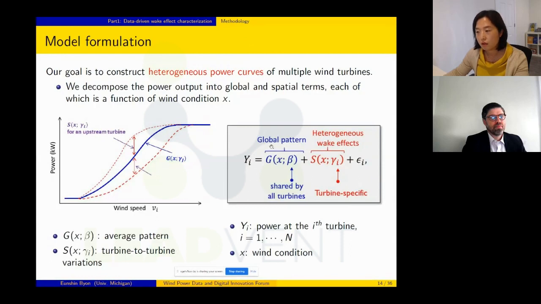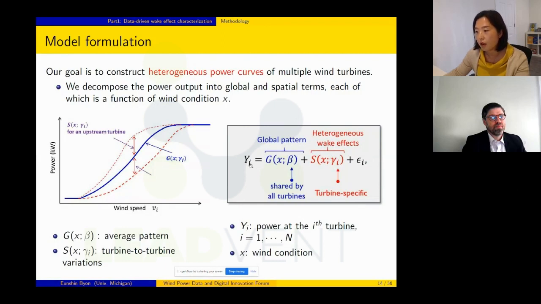So here, this G term, the first term, captures the global pattern, and the second term captures the turbine to turbine variation, or the heterogeneous wake effects. And each term has parameters, and the parameter in the global term is shared by all turbines. So this beta is the same for all turbines, but the gamma in the spatial term is turbine specific.